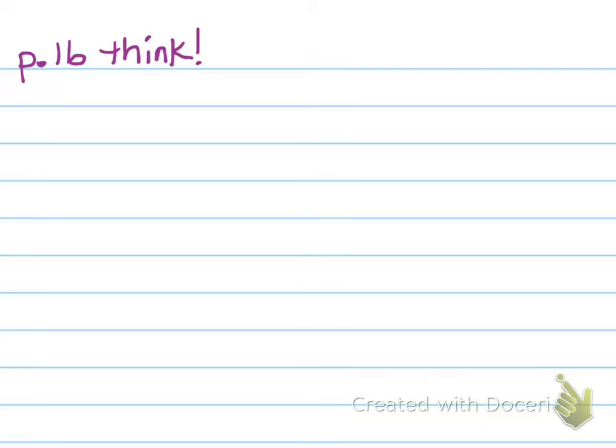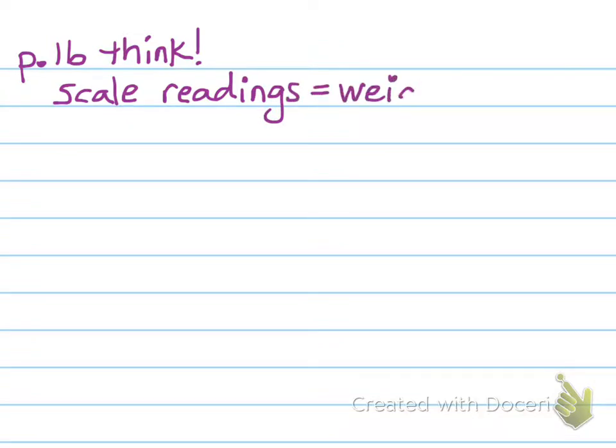Well, first off, the scale readings would equal her weight. And if her weight is equally supported between each of the ropes, which it says that it is in this case, each scale would read half of her weight.